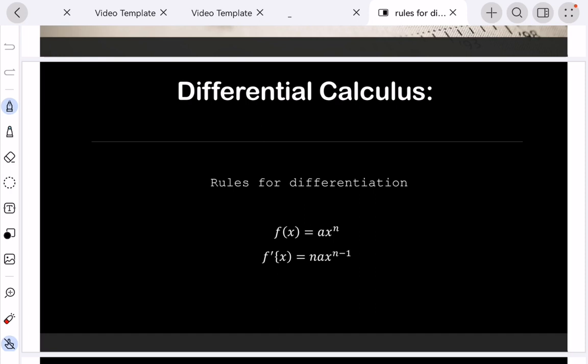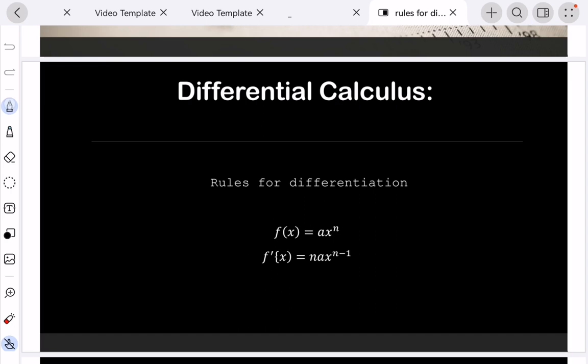Now if you notice, on the rule you have a number, then you have x and an exponent. Your answer says that the exponent will multiply the coefficient of x, then for x to the exponent, you subtract 1 from the exponent.